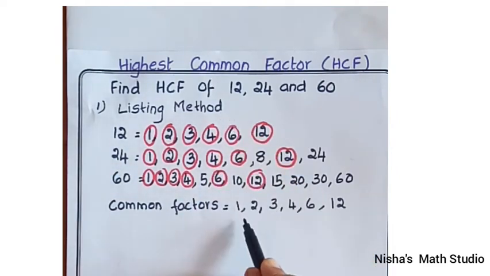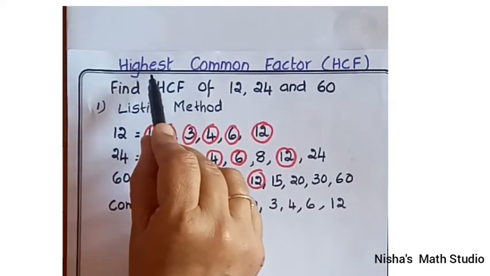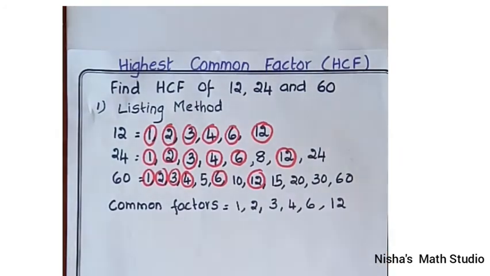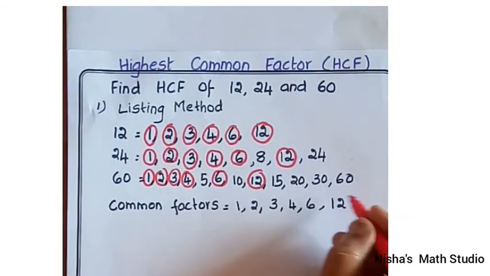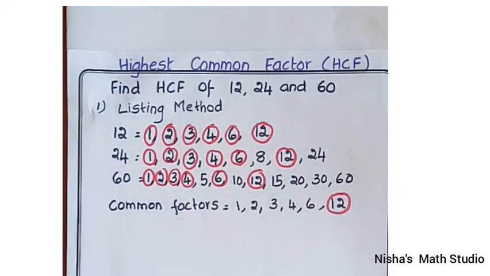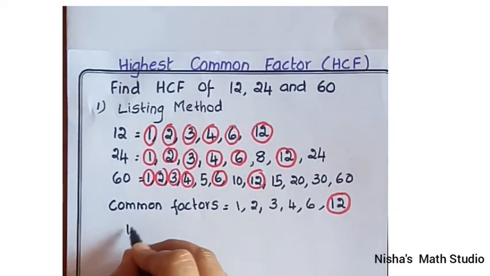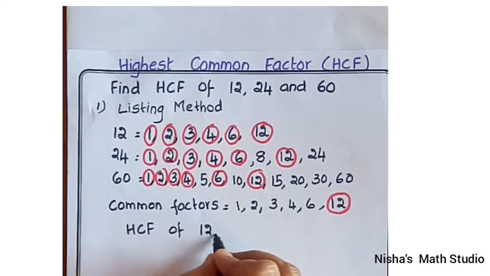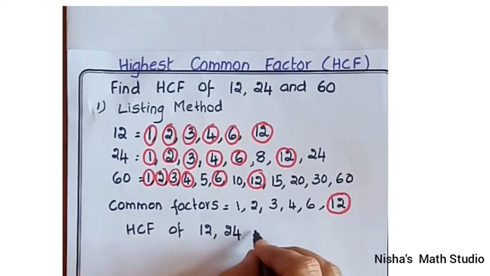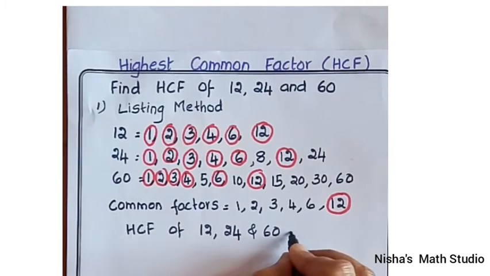Now I got the common factors. The last step is highest common factor. Which is the highest common factor here? 12 is the highest common factor. So HCF of 12, 24 and 60 is 12.